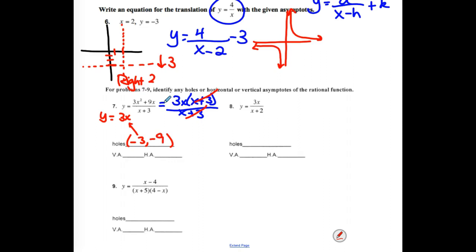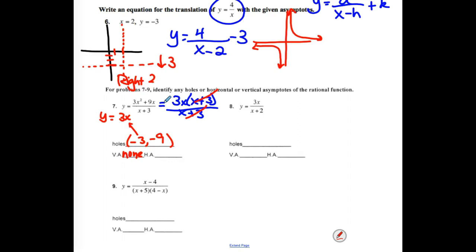So we have a line that has a slope of 3, but there's one hole in that graph at the point negative 3, negative 9. Okay? Any vertical asymptotes? Do we have any other points of discontinuity that were non-removable? Okay? So you're going to say none, because if you leave it blank, you're going to get it wrong. It's going to make me think you didn't know if there was one or not. If you've analyzed it and said there isn't one, then you have to say there's none.